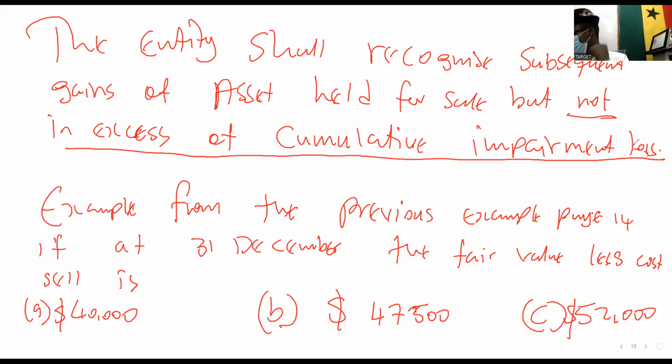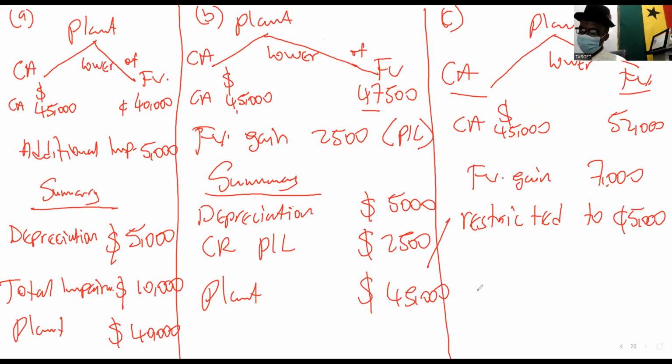So for all the impairment loss you charged, you cannot record a gain much more than that. So a gain of 5,000 has to be recognized. Again, depreciation will still be available on the assets, which will be $5,000. I wrote Ghana dollar.